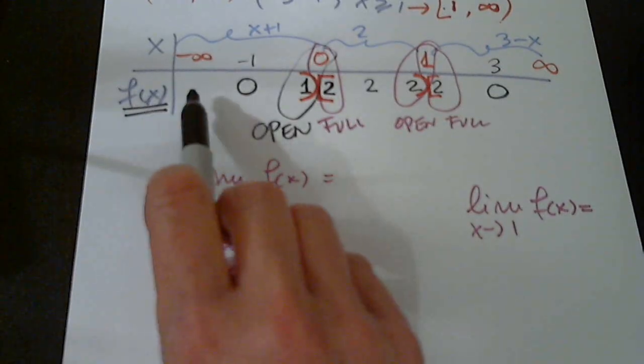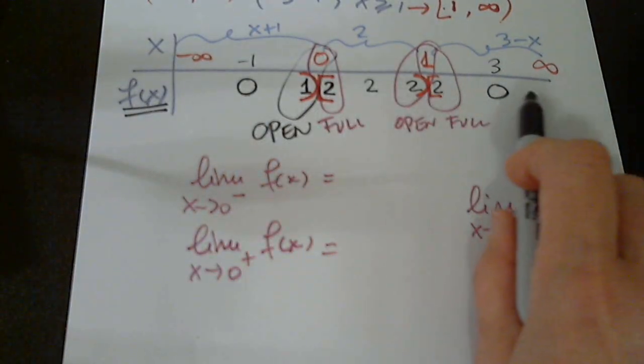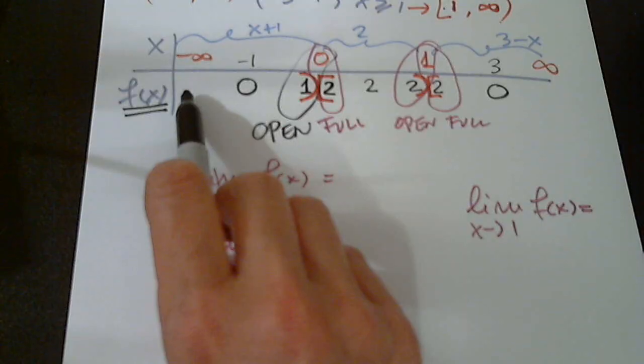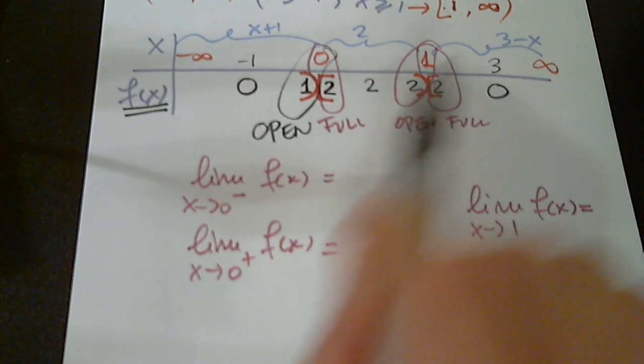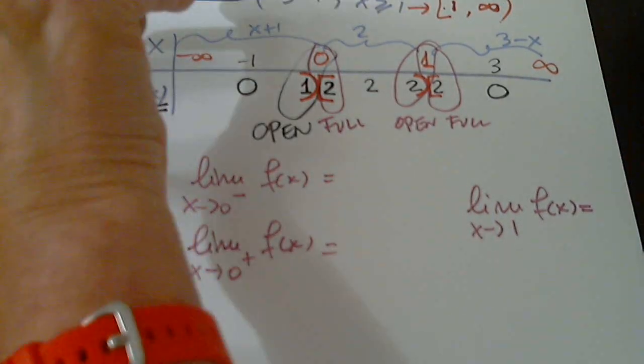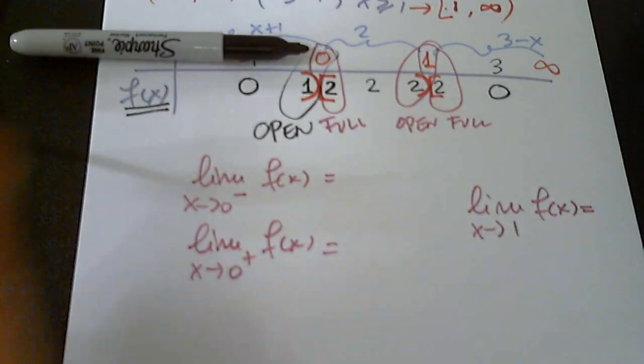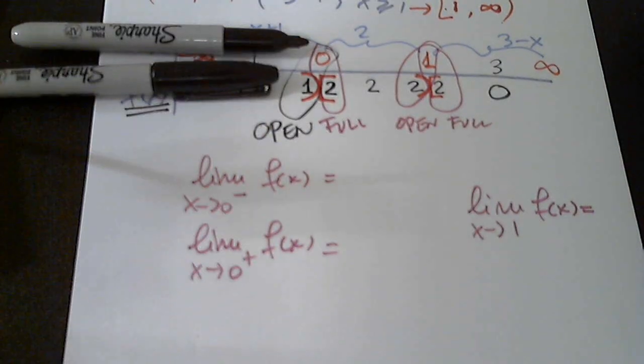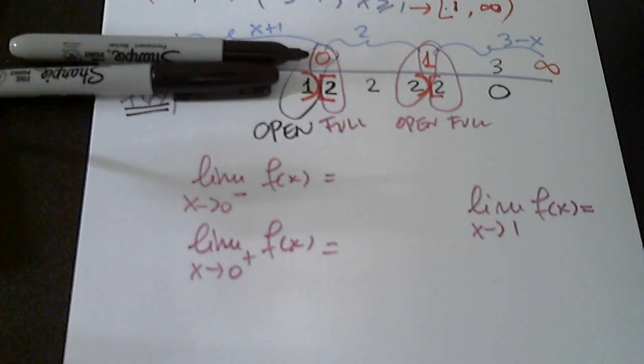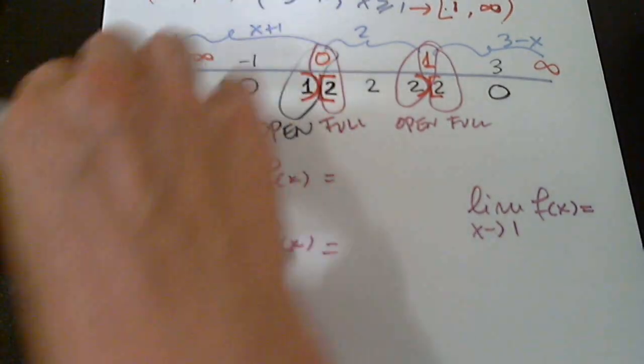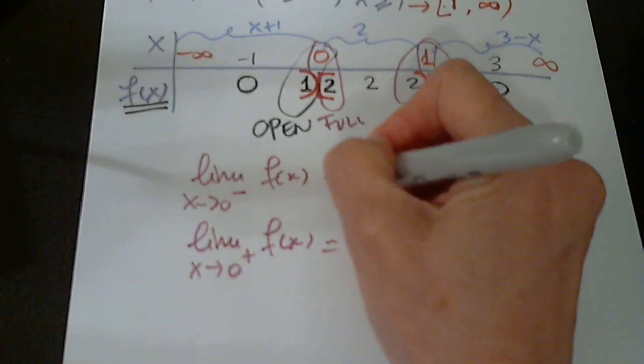The function values, I don't see any -1 here. We're looking at the function values. As x approaches 0 from the left, what are the function values? Where's the target? 1. Of course, right here.